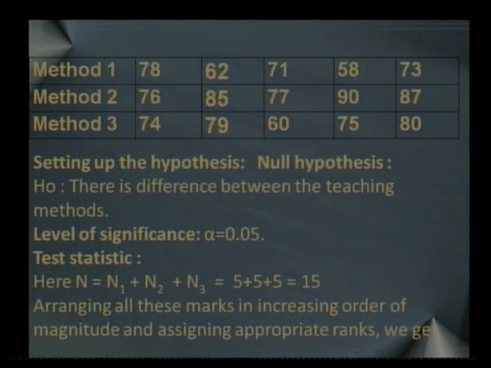Here 5 observations are there in each, so 5 plus 5 plus 5, which is equal to 15.